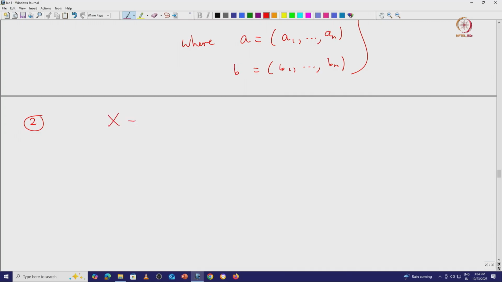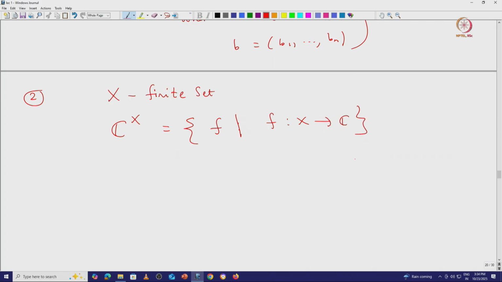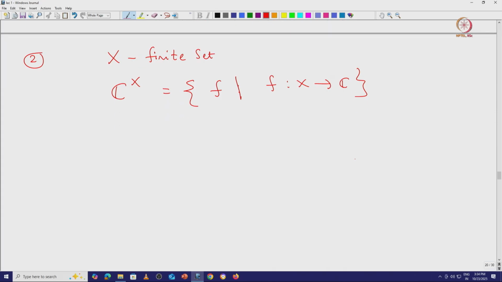You start with a finite set X. Then you consider all maps from X to C. This is the set of all functions from X to C, and this space can be made into a vector space by defining pointwise addition and pointwise scalar multiplication.